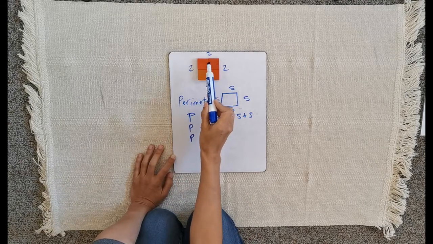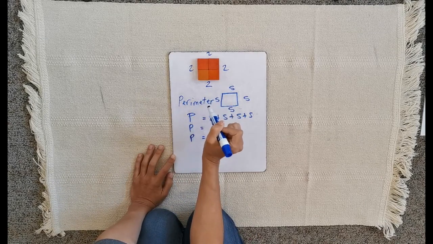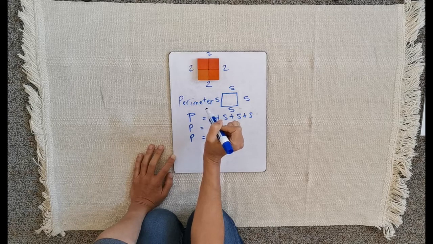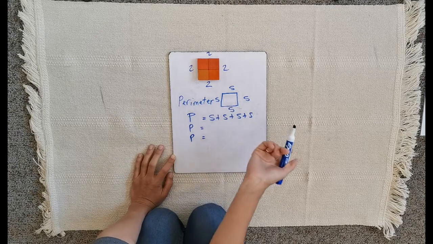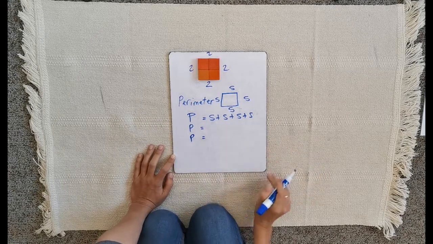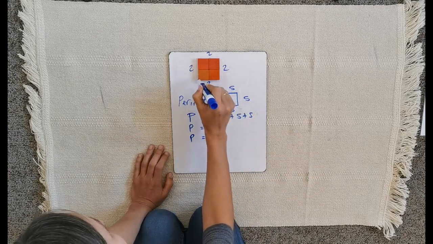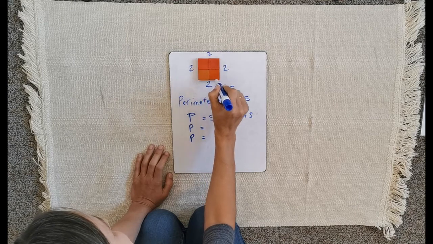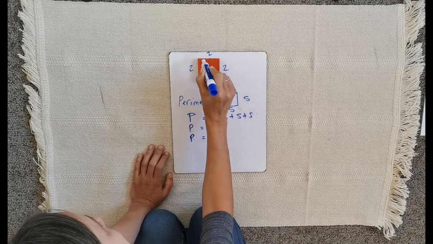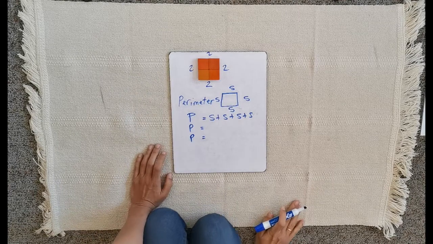Imagine that this is not a swimming pool, but a playground or something, or your backyard. So you are playing and you start walking until you are done with the 4 sides.